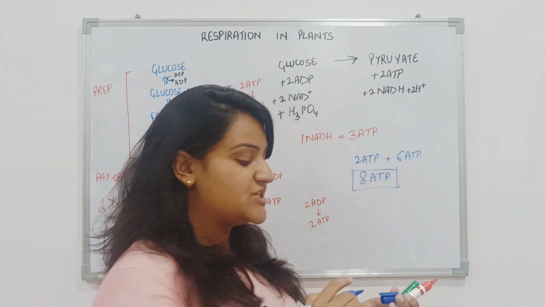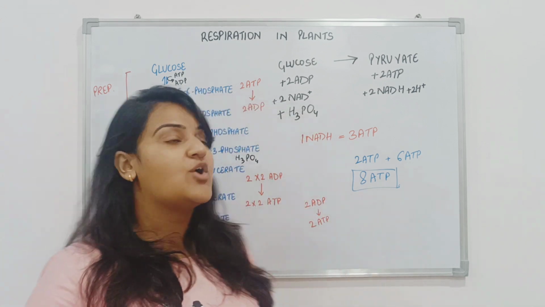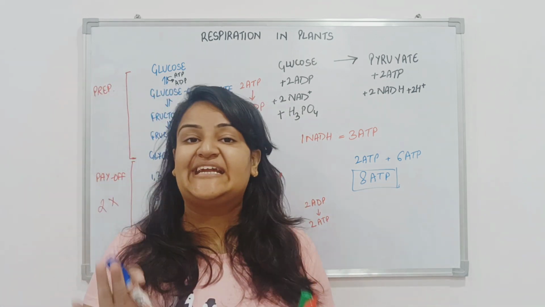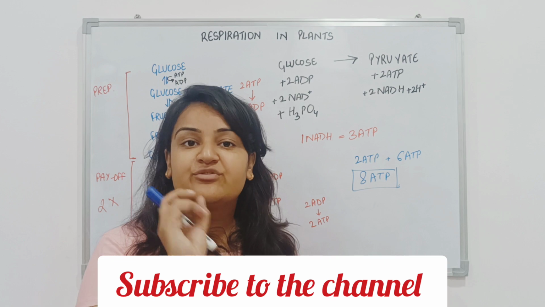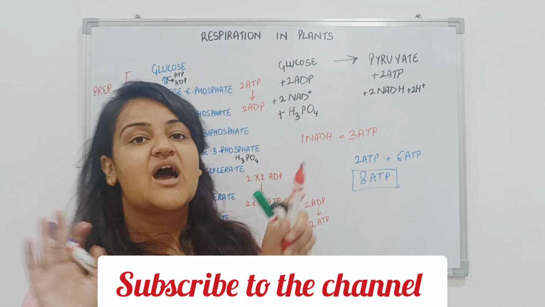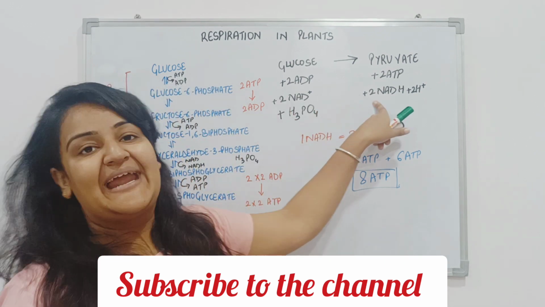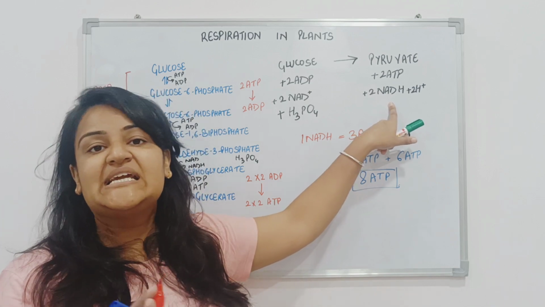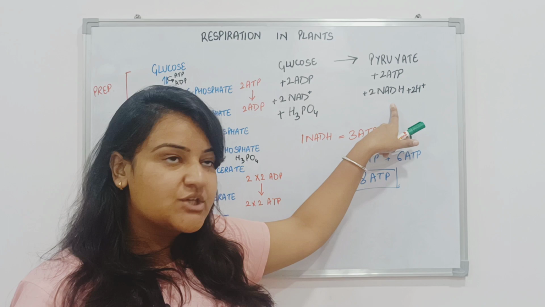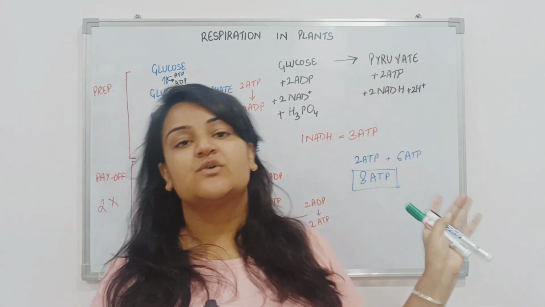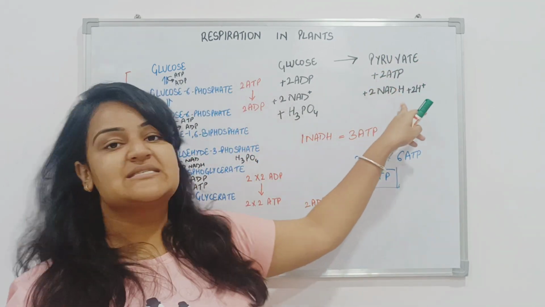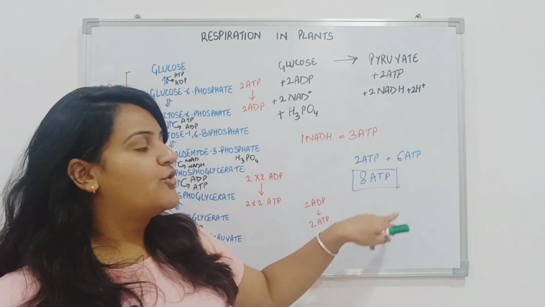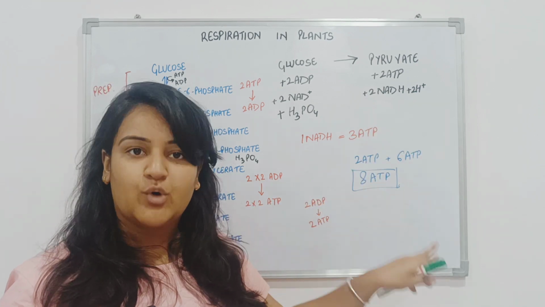This is the energy production of glycolysis. 8 ATP molecules are formed from glycolysis. How? 2 NADH that forms 6 ATP, since 1 NADH stands for 3 ATP molecules, and 2 ATP molecules as such. 2 plus 6 from NADH that forms 8 ATP molecules.